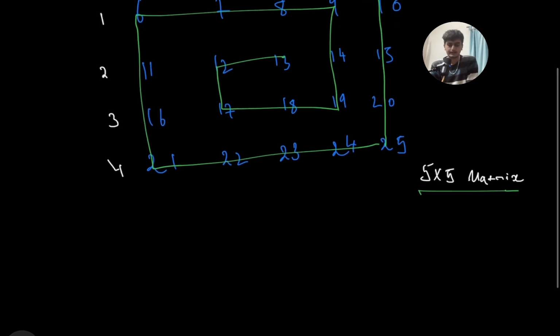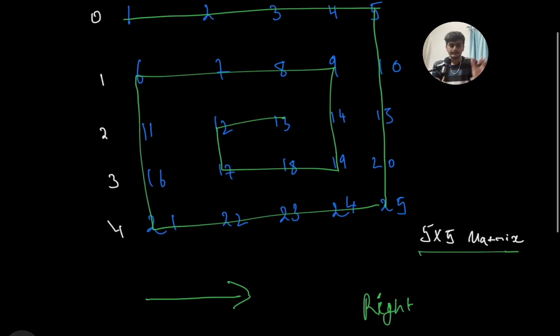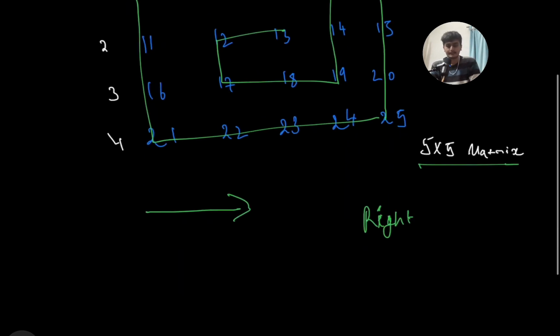We are starting from a direction, and at some point we are changing our direction. We will start from right. So we started from right, and at some point we changed our direction and we go down.